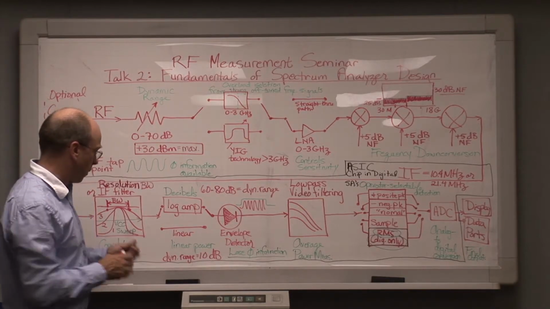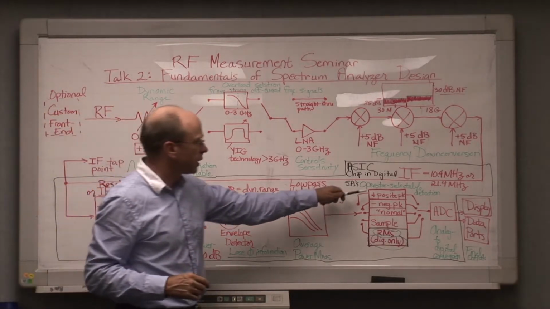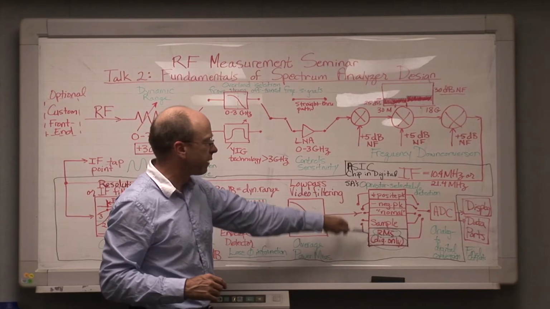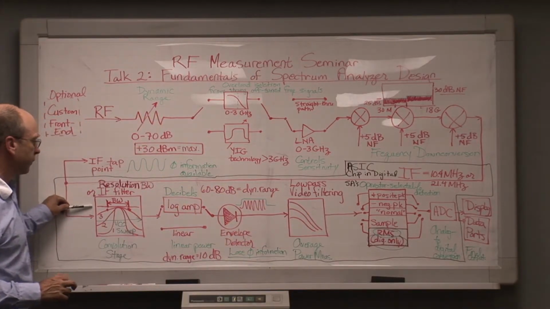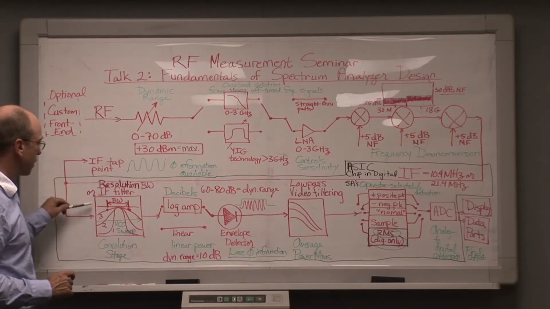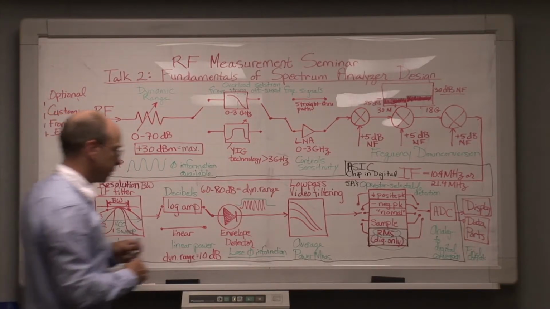Now, at this point, I want to talk briefly about what the different types of detection actually do for us when we're looking at different waveforms. And then we'll come back and talk briefly about the convolution functionality in the spectrum analyzer, because this is, as I said, in many cases, the key aspect of what a spectrum analyzer does when we use it to look at spectrum.